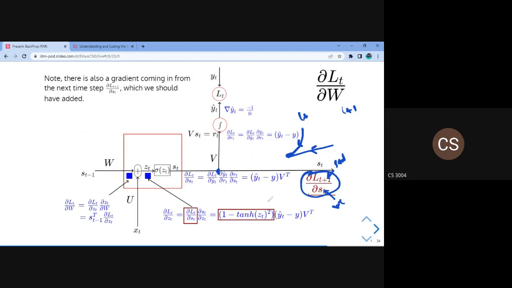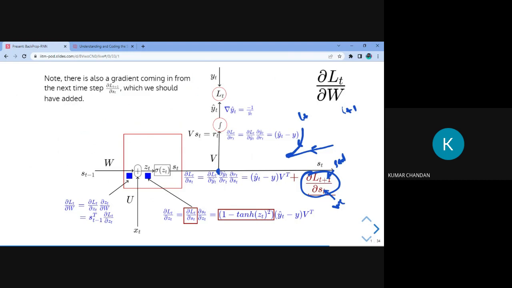Maybe I might have used some improper notation, but I think here the differentiation will split in two ways. One is dou st by dou w as one term, plus dou st by dou st minus 1, and that st minus 1 will follow the same process.